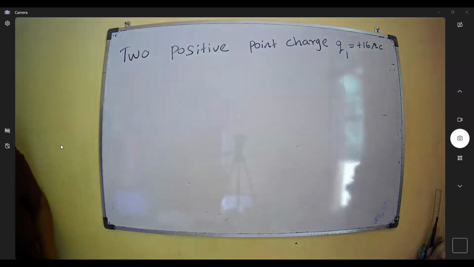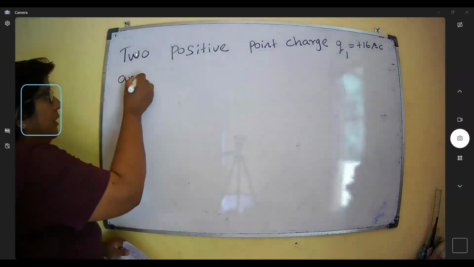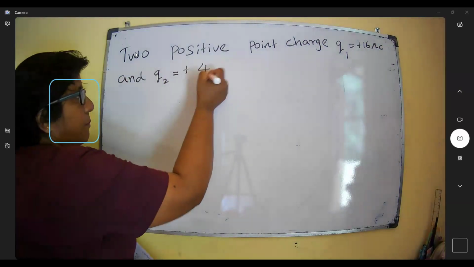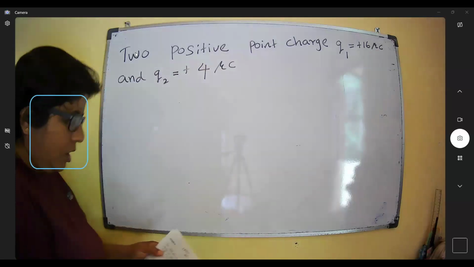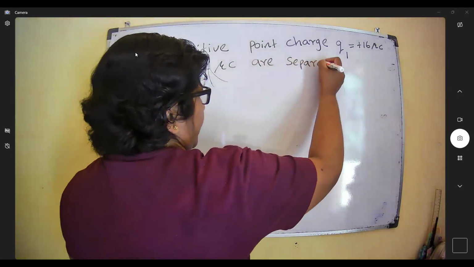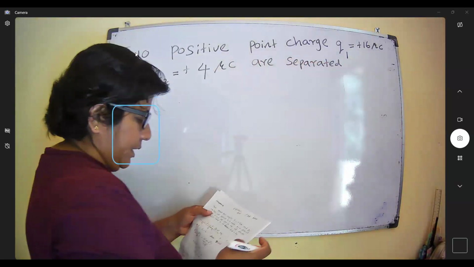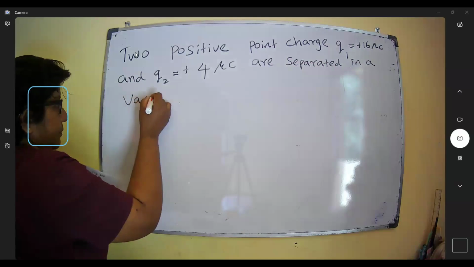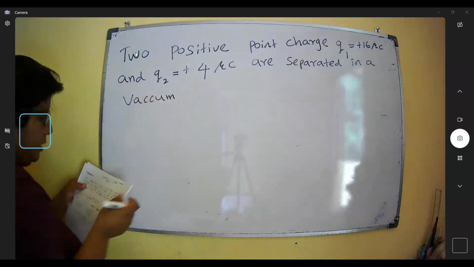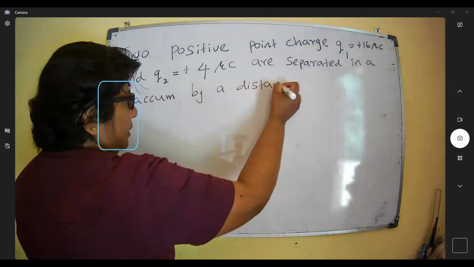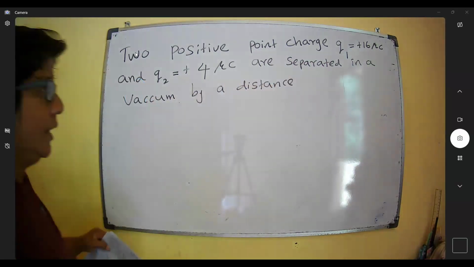Microcoulomb. And Q2 is equal to positive 4 microcoulomb also. They are separated in a vacuum by a distance of 3 meter.